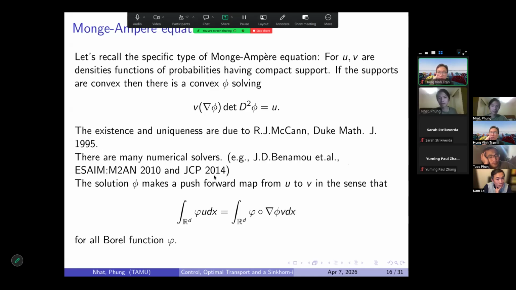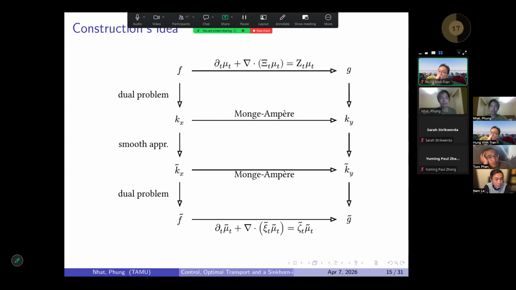In both papers, the authors introduce two different solvers, so we can have many solvers to choose from. Here, we just assume that we can get a solution, or maybe even only need an approximate solution, and that's enough for us because later on we only need an approximation.